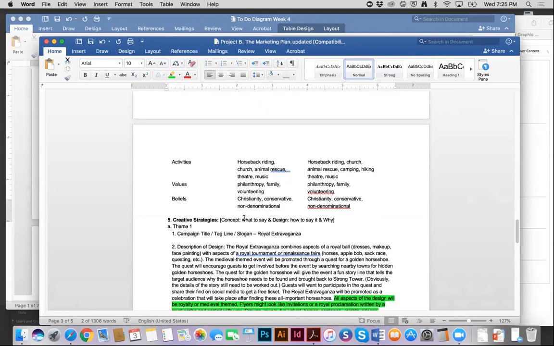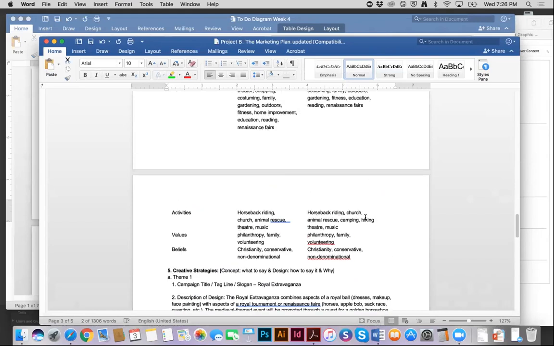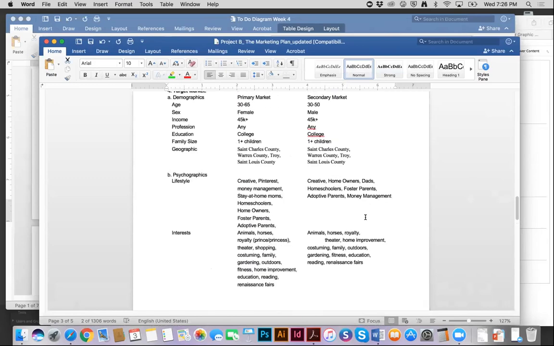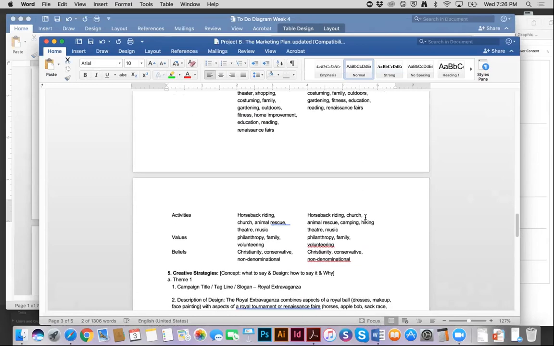Activities, I think those are fine. Values. What do people value in that community, or people that are likely to come out? Not everybody is going to be Christian or conservative, but if the belief system in that region is that, then that is absolutely true. It doesn't mean everybody is, but then you also have non-denominational. So it may not be like the Baptist. It could be just Christian in general, right? So I think these are right. Not all these matter every time, but you do need to be thinking about those things.